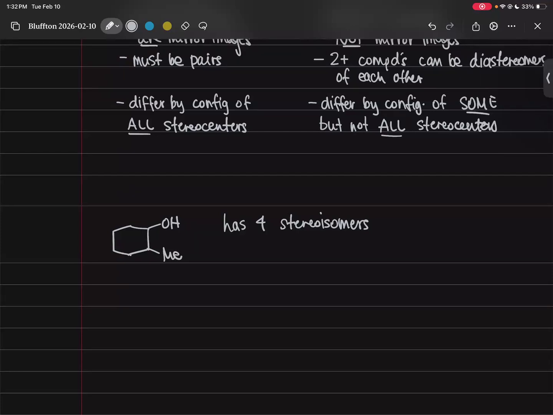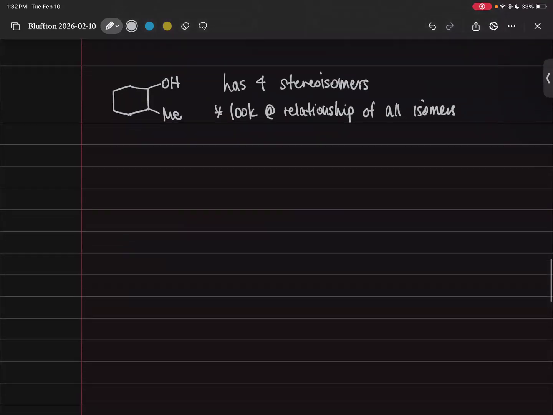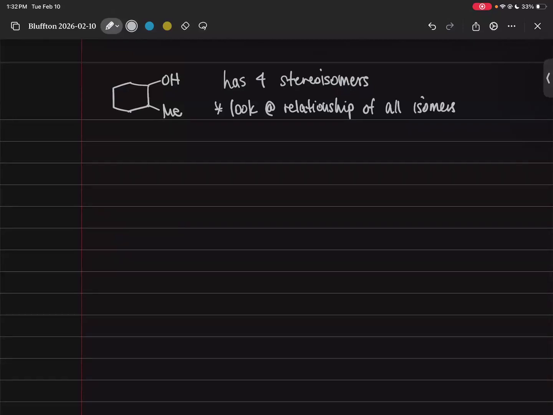It's actually 2 to the n: 2 to the number of stereocenters gives you the number of stereoisomers. What we want to do here is look individually at the relationship between each isomer. We don't even have to think in 3D, we just have to think about wedges and hashes. That sounds counterintuitive, and kind of is.